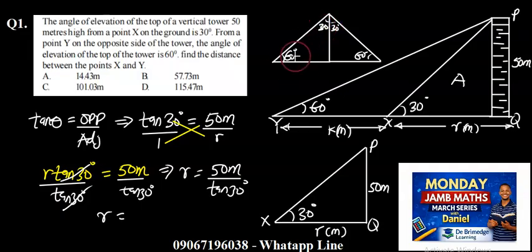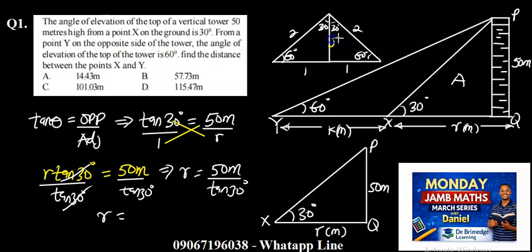This point is going to be 1, because here is 2, this is 2, and the total distance is supposed to be 2. If we divide it, it's 1. At the end of the day, once you use Pythagoras' theorem, this point is going to give you root 3.